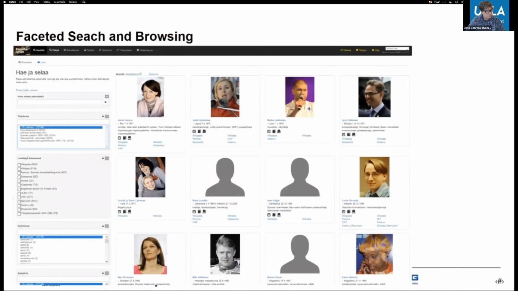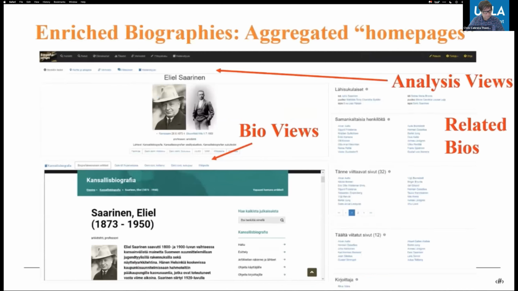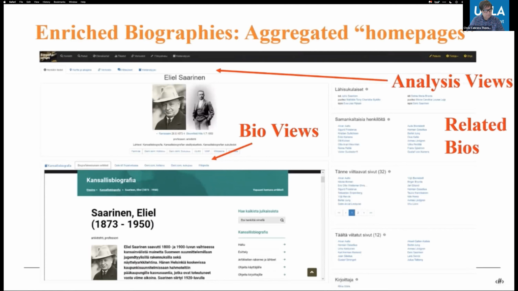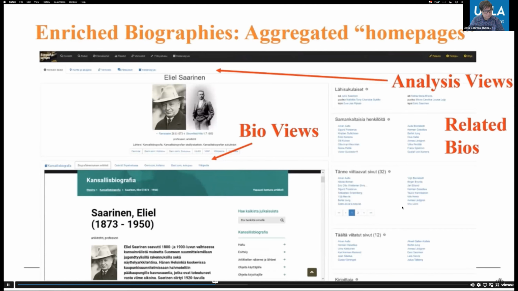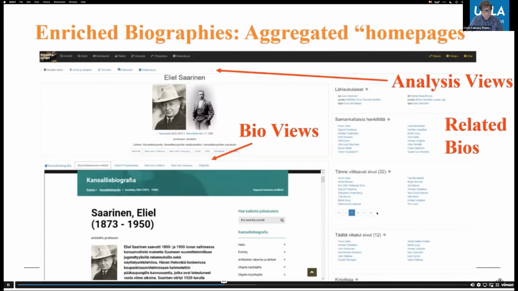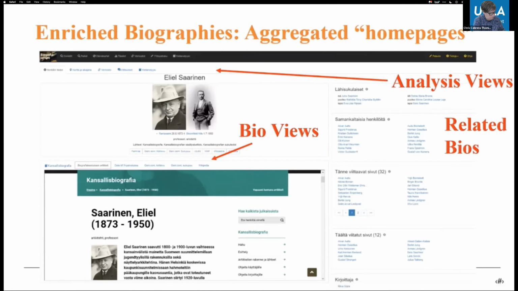Biography Sampo has reassembled for each protagonist a homepage based on the data extracted from the biographies and by data linking to external data sources. Here the homepage of Eliel Saarinen, a prominent Finnish architect, is seen with 6 biographical descriptions and 5 data analytic views illustrating his life. Biography Sampo has also provided additional recommendation links to various related biographies.